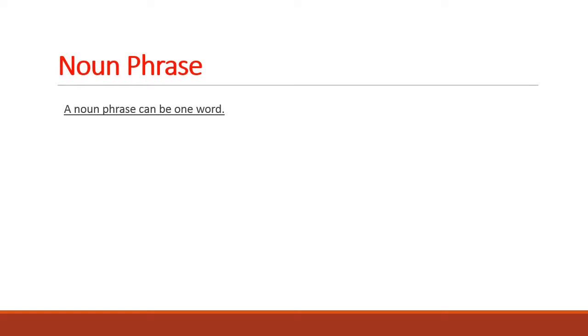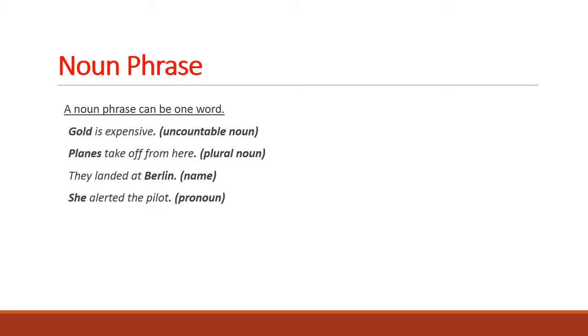Okay, now let's look a bit more carefully at the noun phrase. A noun phrase can be just one word, like gold is expensive. Planes take off from here. They landed at Berlin. She alerted the pilot. In all of these sentences, the noun phrase consists of only one word. And it can be an uncountable noun, a plural noun, just a name, or even a pronoun.